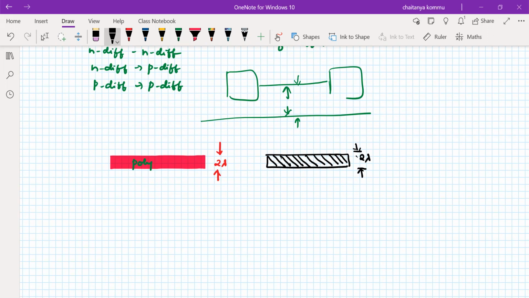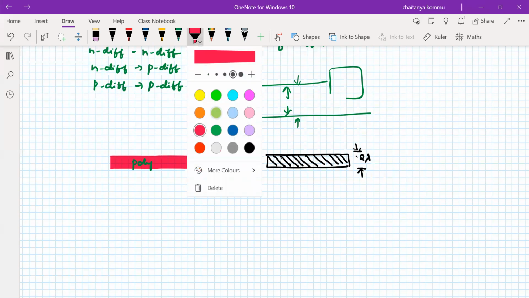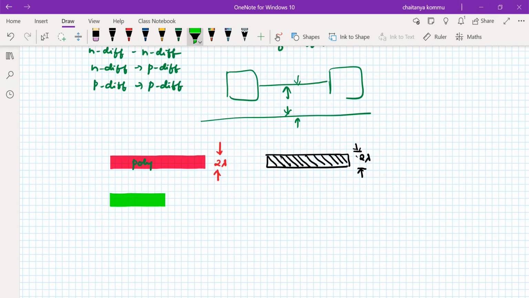For example, very near to each other, there is a possibility, for example a diffusion line going something like this. Then normally these two may form a transistor. These are all conducting plates only, so there may be a short circuit or there may be a transistor formation.